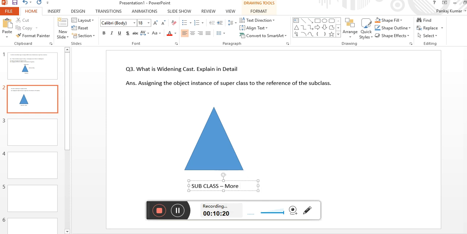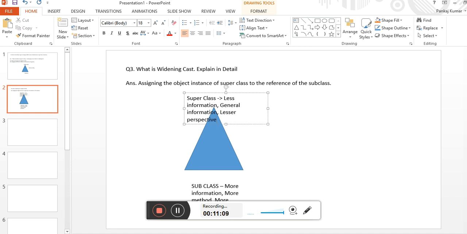The subclass has more information, more methods, more properties, and the superclass has less information, or you can say general information, or a lesser perspective.